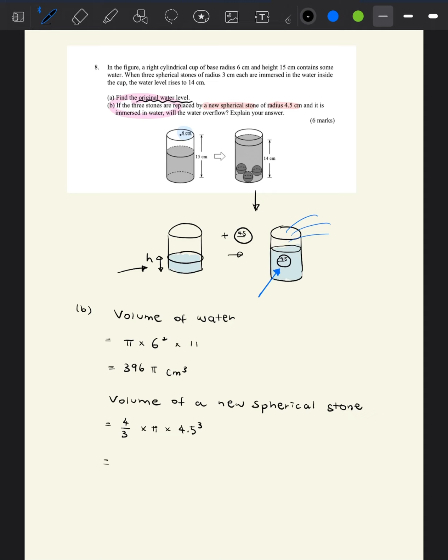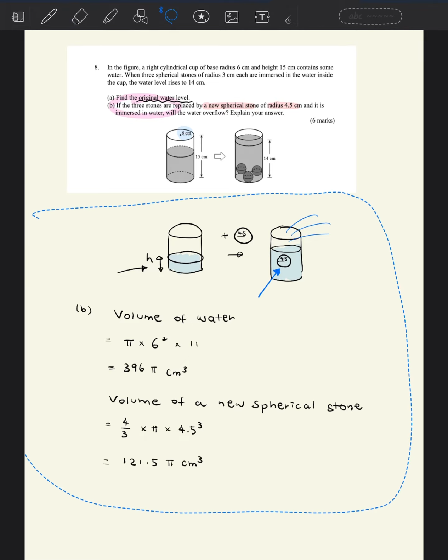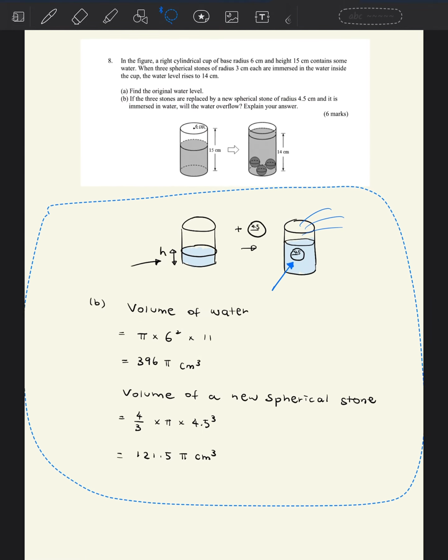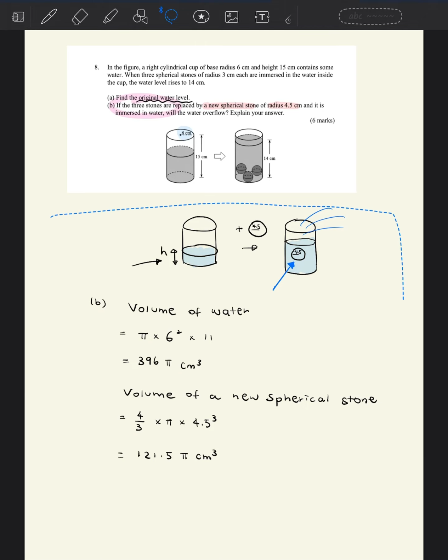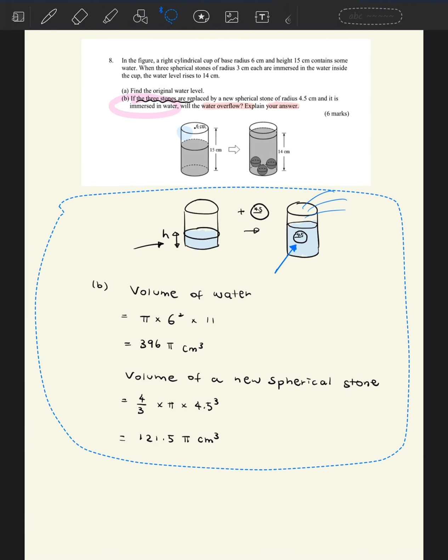So when you calculate it, it will be 121.5 pi cm cube. So be careful, a lot of you keep the pi, but in the final answer you forgot to write pi. So this is what you got for your spherical stone and your water.